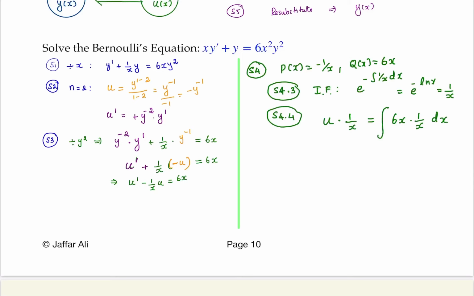If we simplify this, the x gets cancelled, so I have a 6 here. Then this is going to be 6x plus c, which is equal to u times 1 over x. So this tells me that u is equal to 6x squared plus c, right?